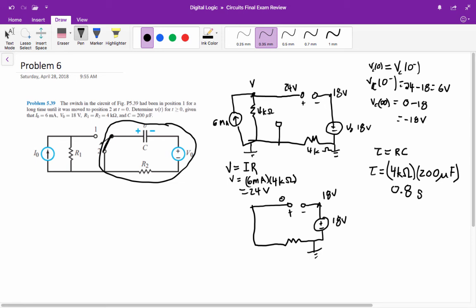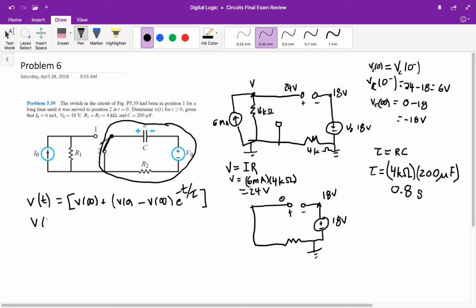Okay, well now we're ready to determine the function for the voltage across the capacitor. So we know that V of t equals V at infinity plus V at 0 minus V at infinity, times e to the minus t over tau.